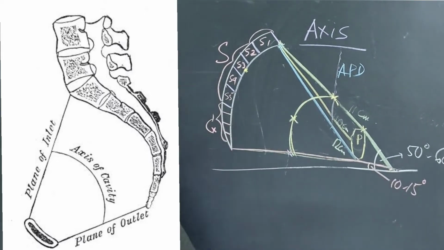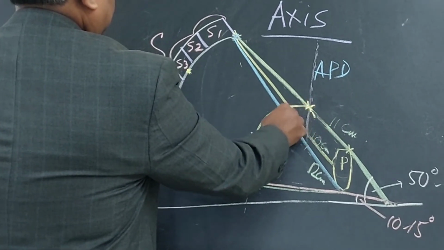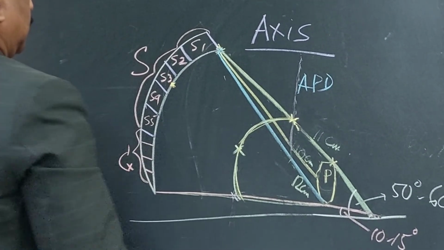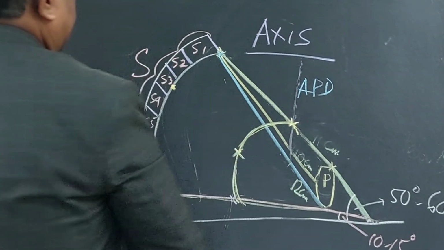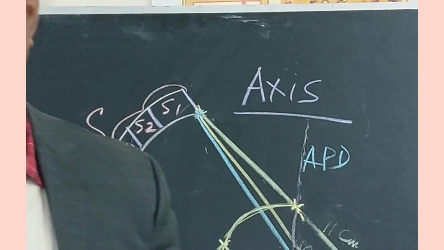This is called axis of the pelvic cavity. This part coincides with the uterus, and this part coincides with the vaginal canal. So this is called the axis of pelvic cavity, axis of pelvic inlet and axis of pelvic outlet.